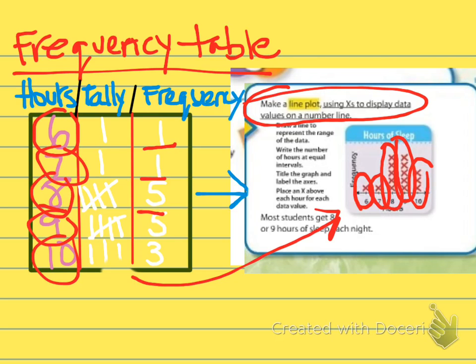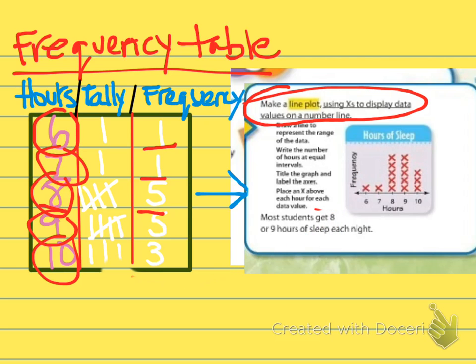Okay, so let me erase this so you can look at it closely. It's in your book as well. From that frequency table, that's where we created the line plot. Pay attention to the title, which is hours of sleep. Frequency, how often was that number listed, and then down here these 6, 7, 8, 9, 10 we list as hours.